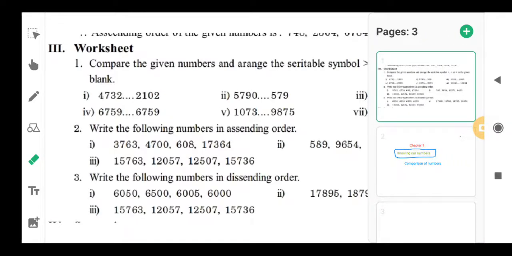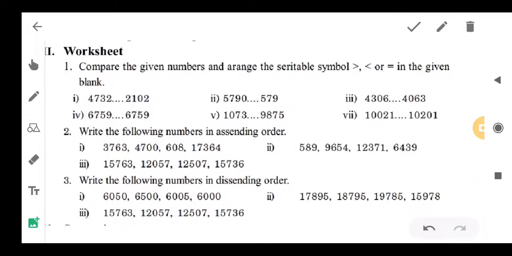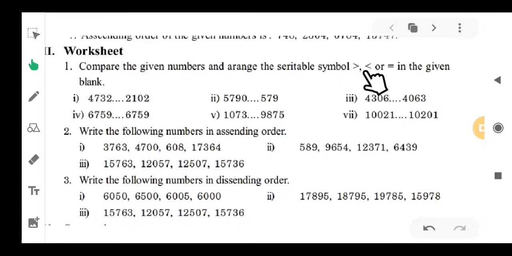So, see, in this worksheet, in first bit you have that compare the given numbers and put the suitable symbol greater than, less than or is equal to in the given blank. So, in these blanks you have to put these symbols.